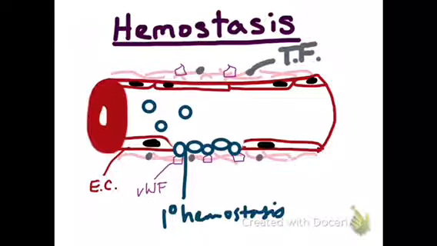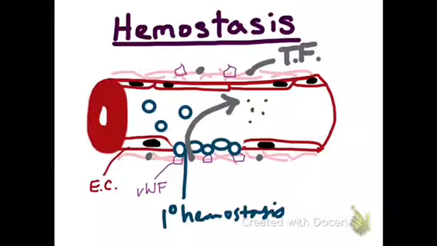When it becomes exposed to the blood circulation, it then leads to a cascade of events that leads to cleavage of coagulation factors, which is known as the coagulation cascade.